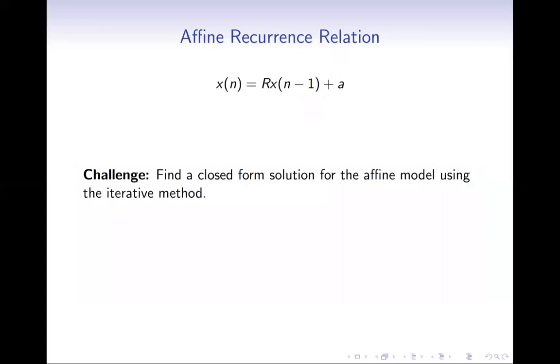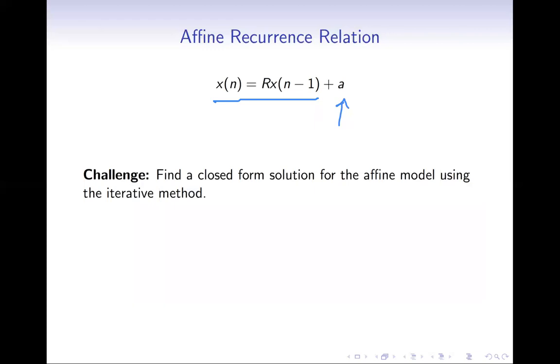Our next example is what's called the affine recurrence relation. It has the base of the exponential recurrence relation model, x of n equals capital R times x of n minus 1. But we add a constant term of a into our model.